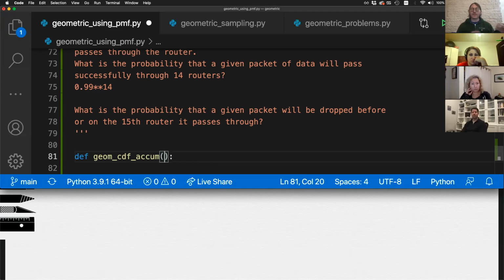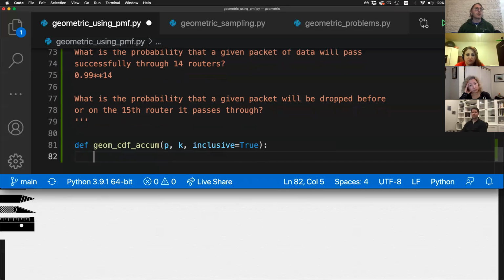How do you relate the CDF to the PMF? That's the important thing. And this is going to have three parameters, right? P, K, and then again, inclusive, which defaults to true, right? That's the way we're thinking about it.